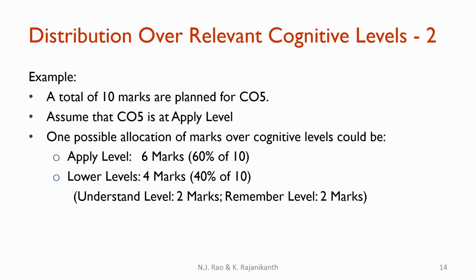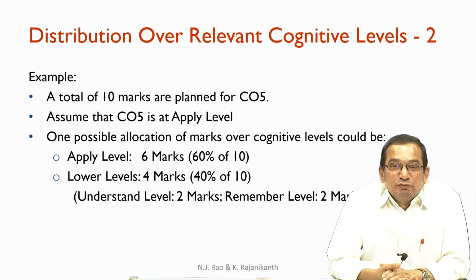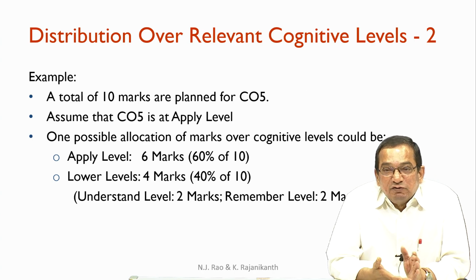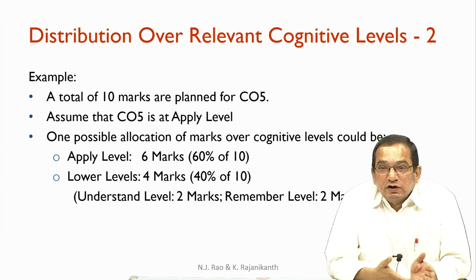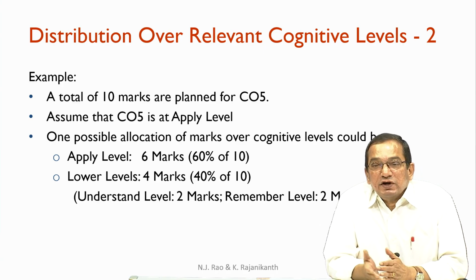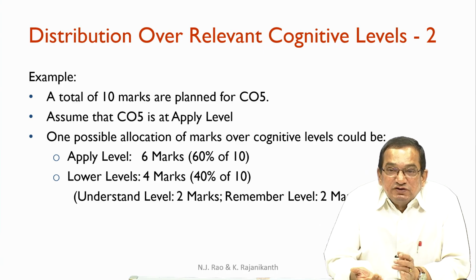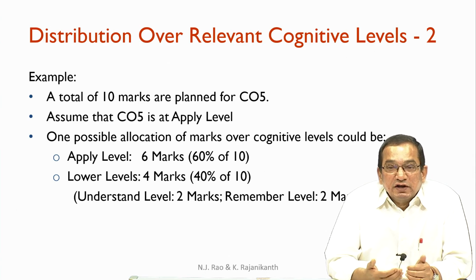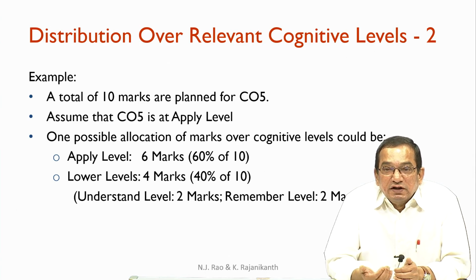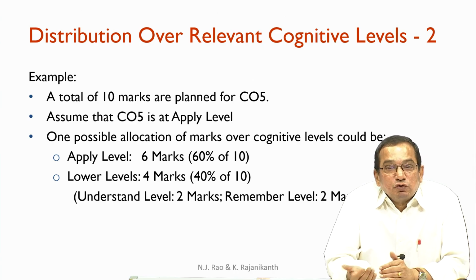Now, it may look like this is too much of a detail, but this kind of planning is essential if the assessment is to be of good quality, and we already have seen that good quality assessment is the key to good quality learning. Assessment drives the learning. So, unless the assessment is planned upfront carefully, there is no guarantee that the assessment would be of good quality.